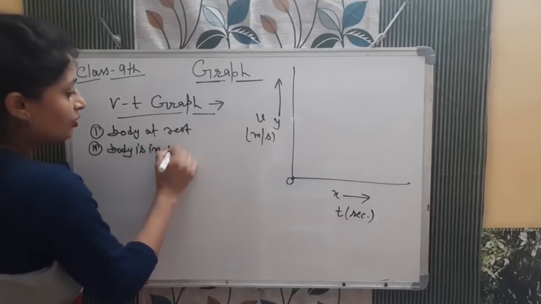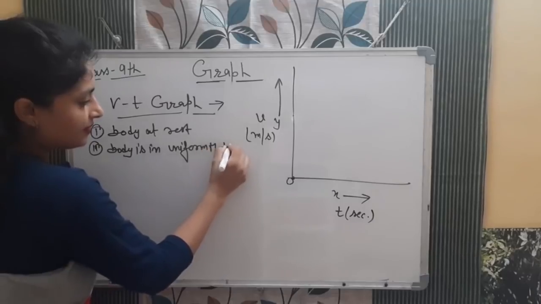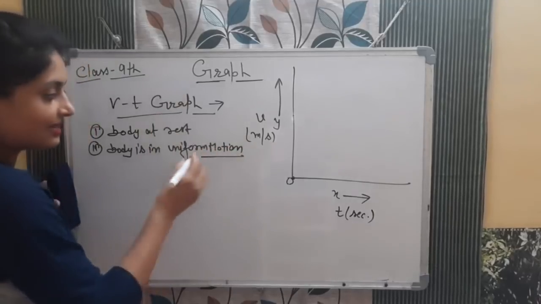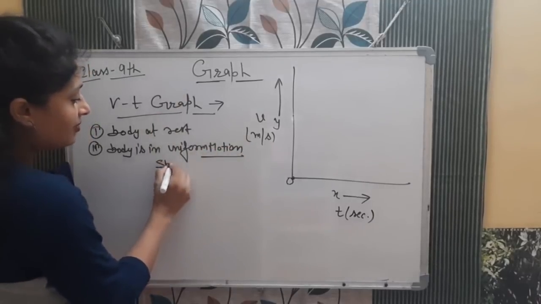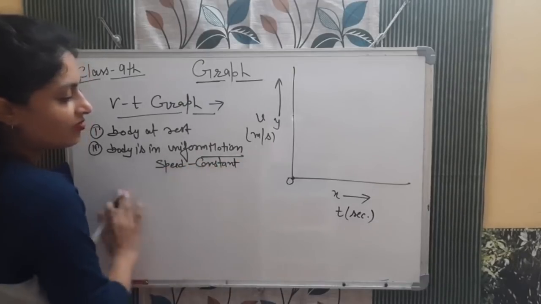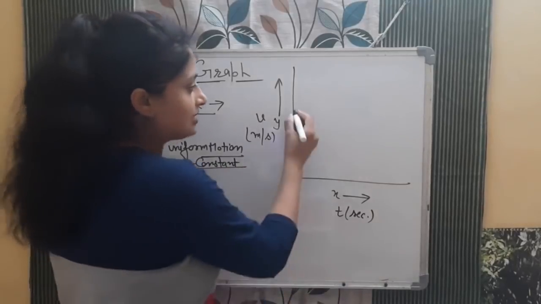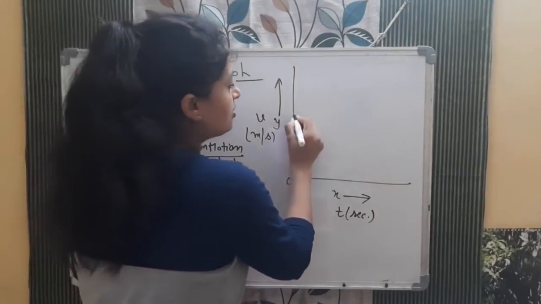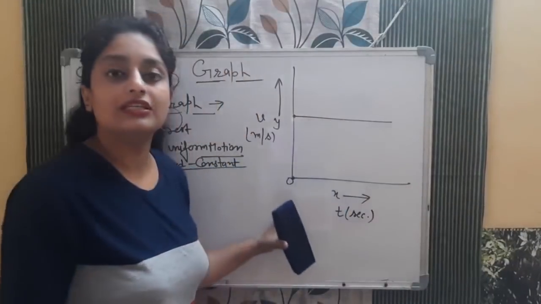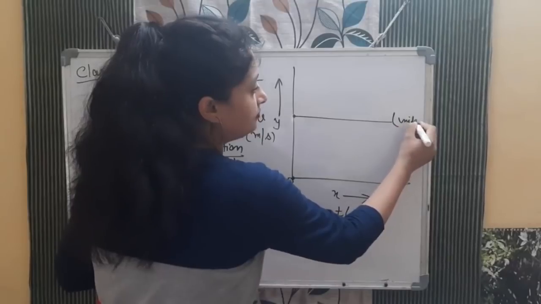Uniform motion means equal distance in equal time. So in that case, speed will be constant, and it is moving in one direction only. Because speed and velocity are constant, the object is in uniform motion. So this will be the graph for uniform motion.